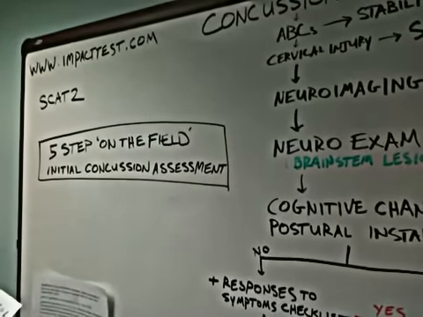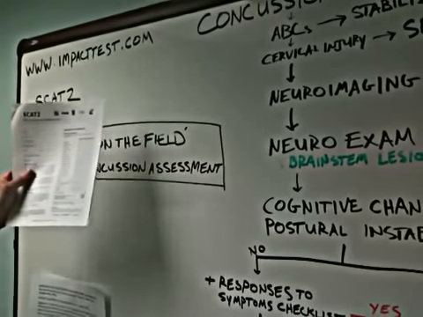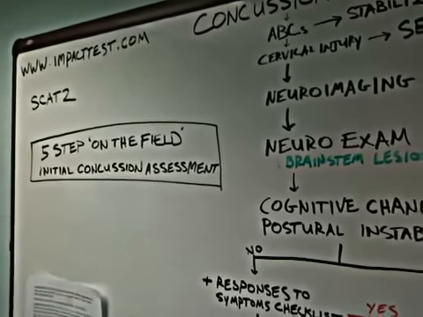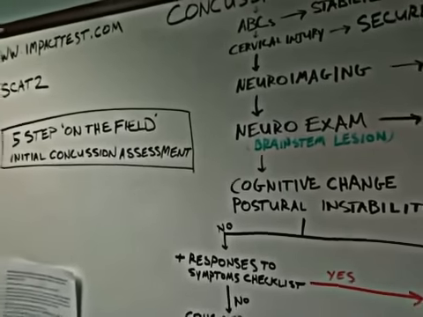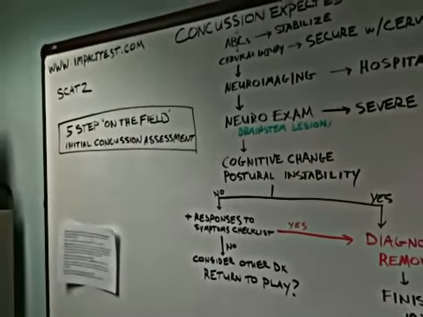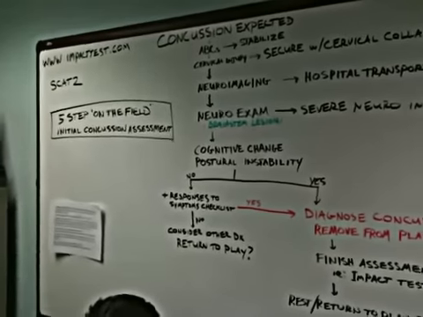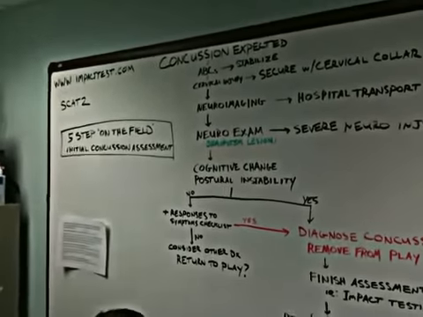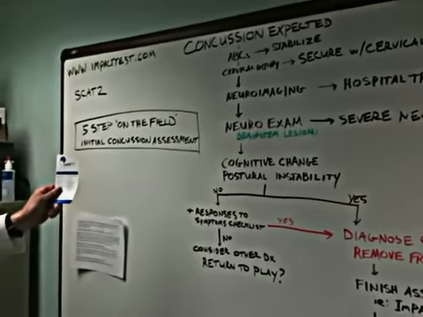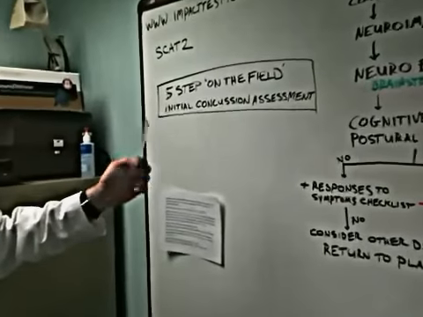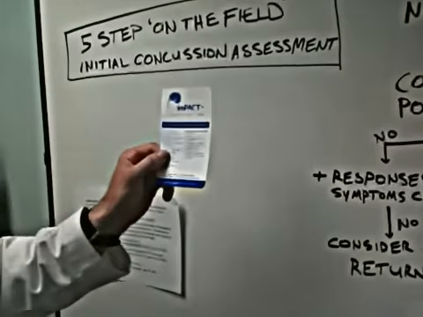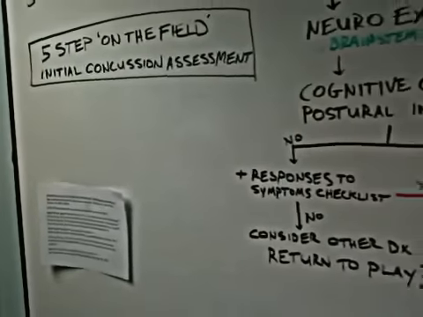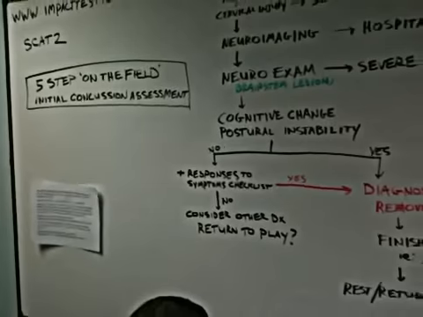You can print it out and use this, or you can download an app for the more technically savvy practitioner. It scores it for you on your smartphone, so that's another option. The other option is impacttest.com. You can order these cards that are really good for sideline assessing, and we'll walk you through these as well. So those are the 2 that we tend to use.